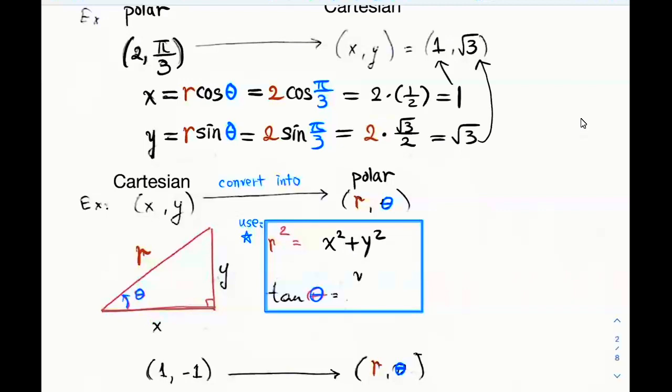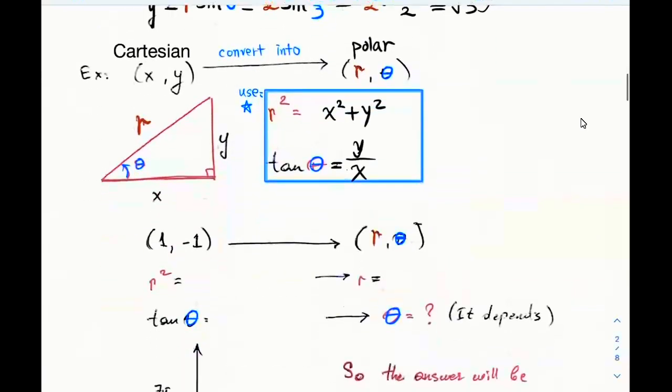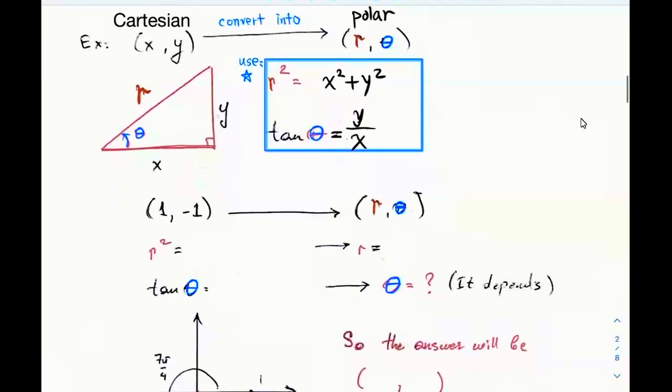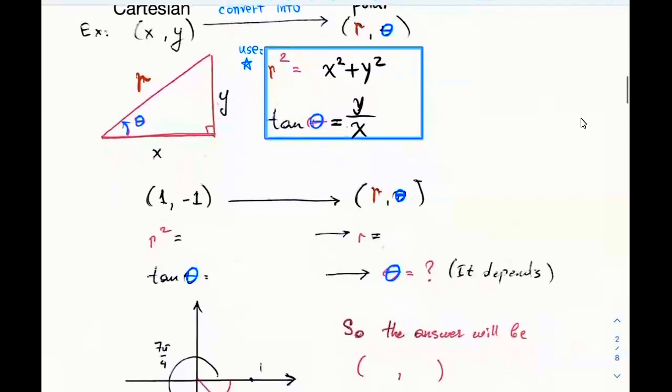After you do this, you can figure out theta by taking the inverse tangent. And depending on which quadrant the point is in, you can figure out the theta. So let's try some examples.